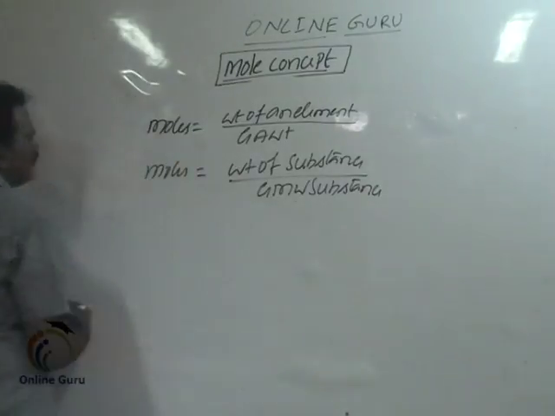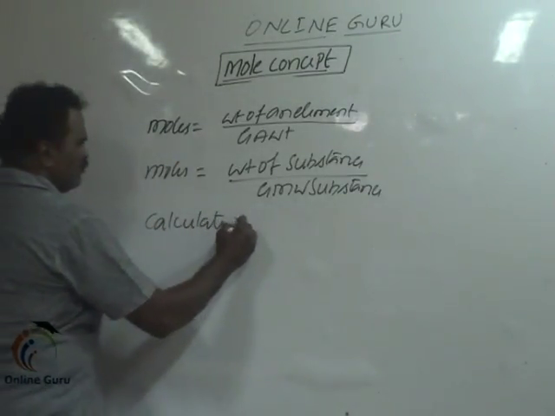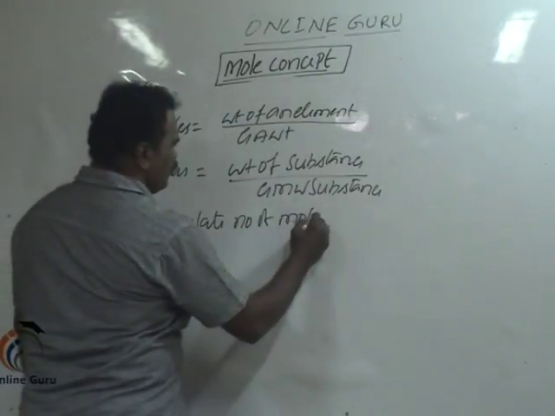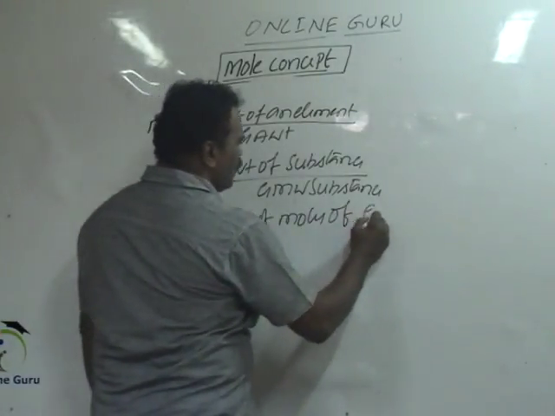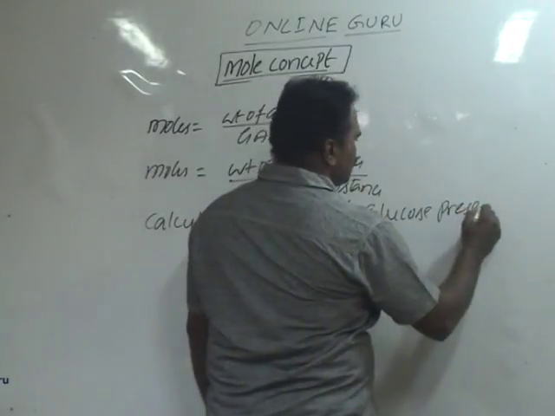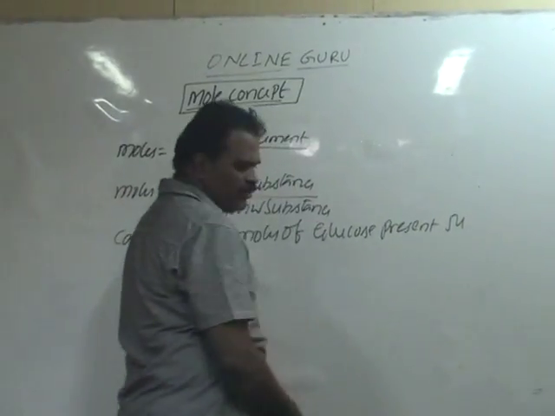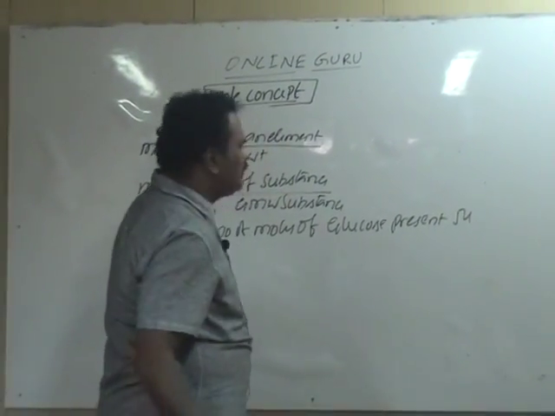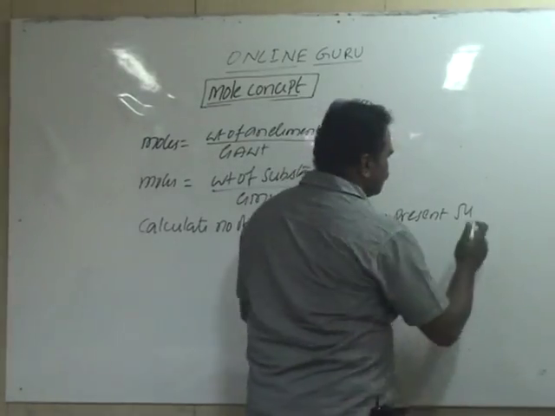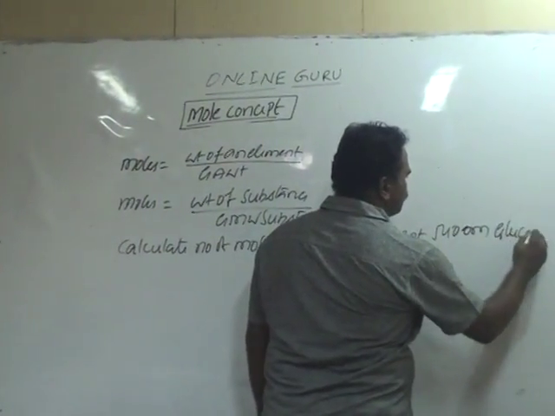For example, calculate the number of moles of glucose present in 540 grams of glucose.